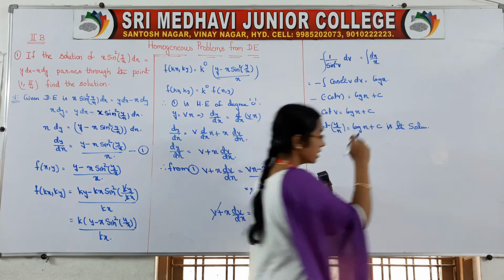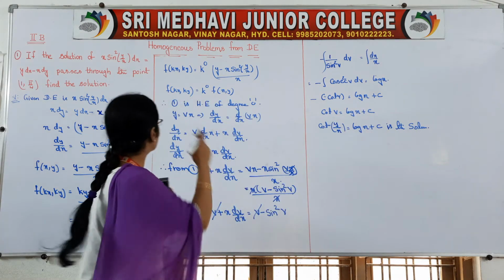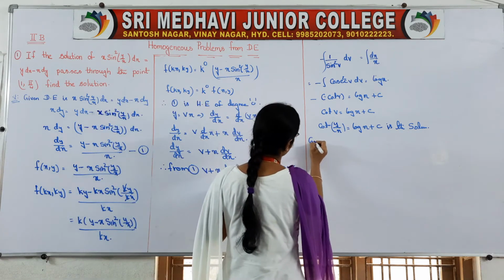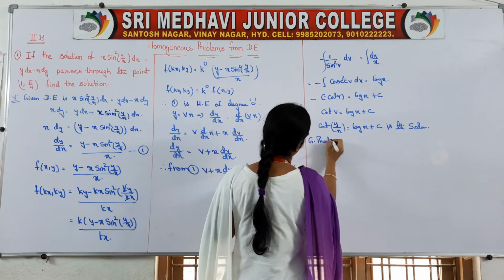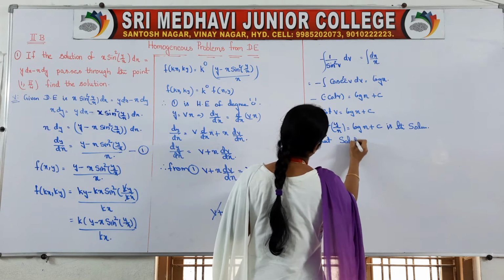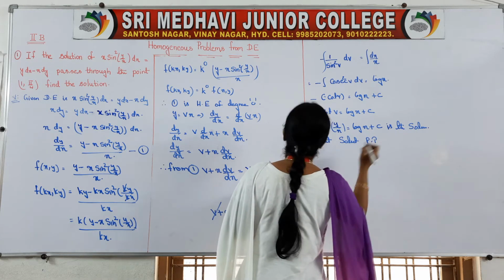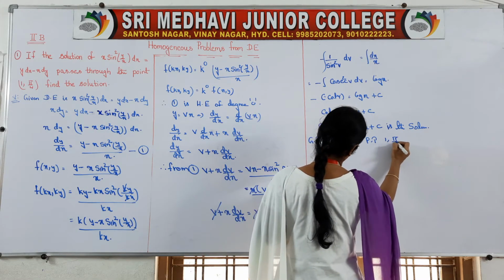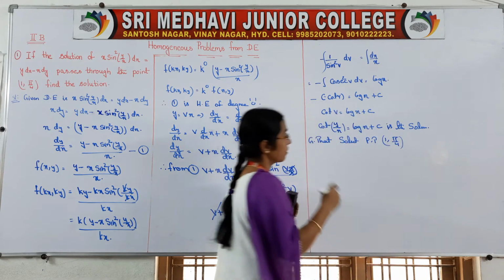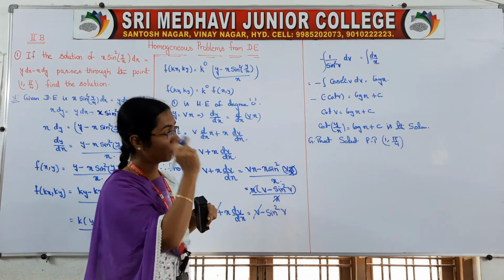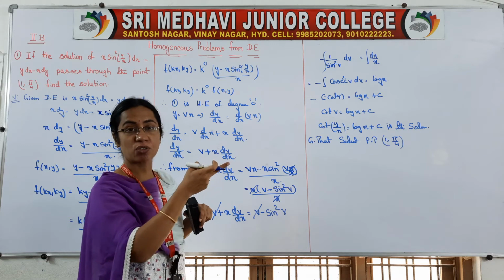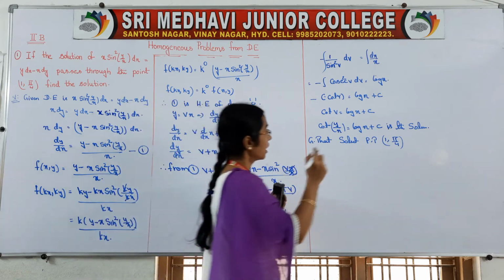Given that this solution passes through one point, which point? 1 comma pi by 4. That means wherever x is there, we have to substitute 1, and wherever y is there, we have to substitute pi by 4.